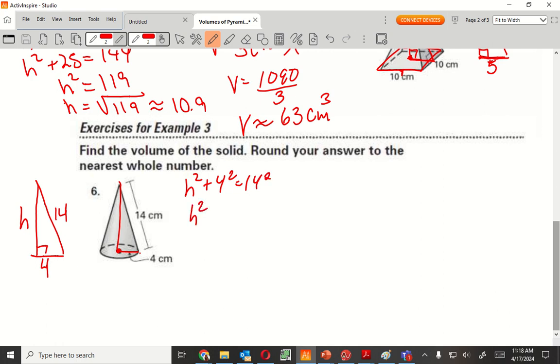So h squared plus 16 equals 196. Subtract 16 from both sides: h squared is equal to 180. h equals the square root of 180, which should give me h is about 13.4.